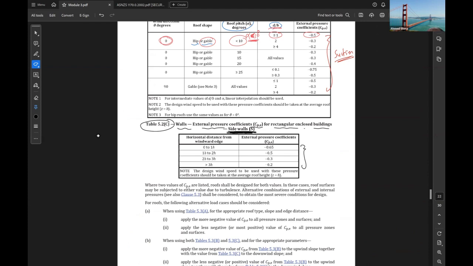Again, all the factors are negative, meaning suction. But here there is the horizontal distance from the windward edge, so the value of this factor is not uniform. For the other cases we have only one value, but here we have different values depending on the distance.